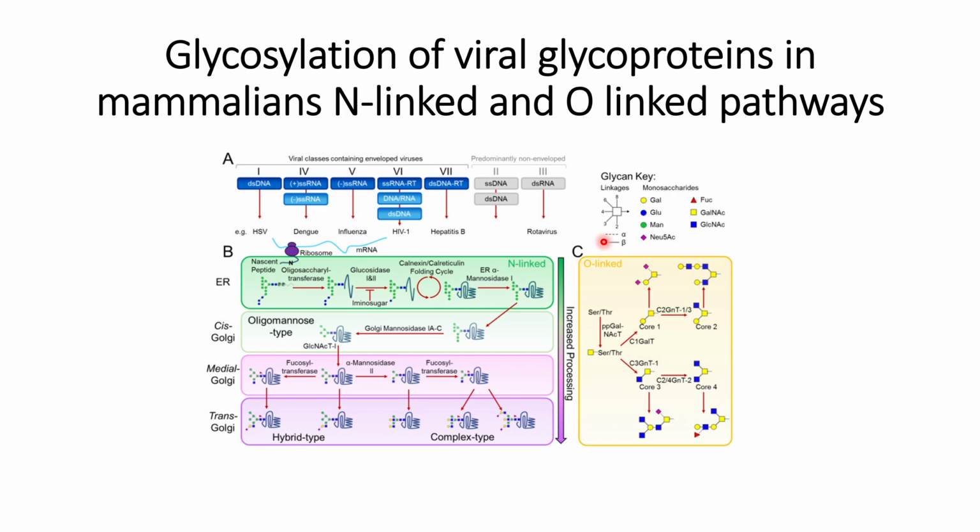The last part is the O-linked pathway, which mainly occurs in the mucin type. In this case, GalNAc will attach to the serine or threonine of the amino acids of the glycoprotein, and after that there are different enzymes present for O-linked glycosylation that generally form four kinds of structures: the core 1 structure, core 2 structure, core 3 structure, and core 4 structure.